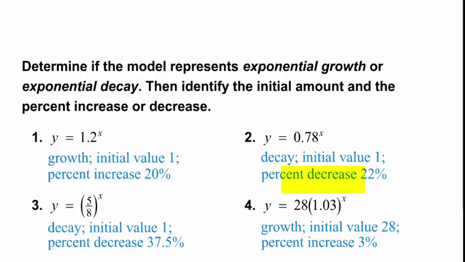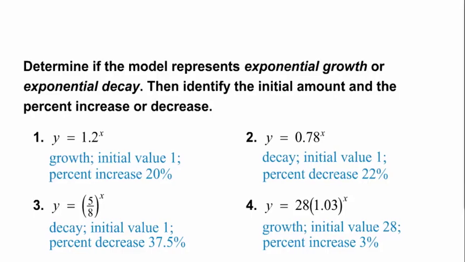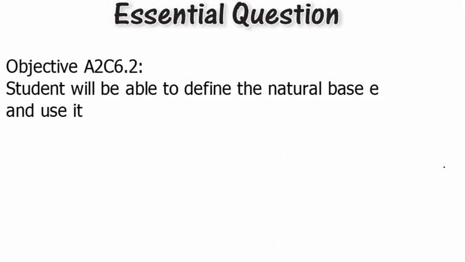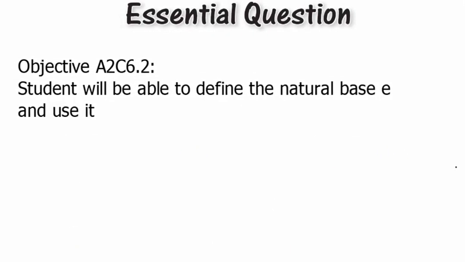So those are places that we look in the traditional model for exponential growth or decay. We are going to have a different model today. And that other model will use something called the natural base, or e.